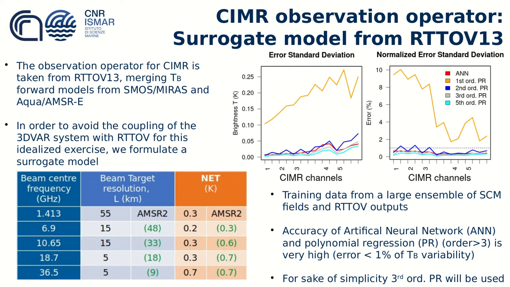However, we also try to simplify this observation operator, analyzing some surrogate models, in particular comparing an artificial neural network using a large ensemble of training data and polynomial regression. And we found that both the artificial neural network and polynomial regression of order larger than 3 provide very high accuracy, less than 1% error.